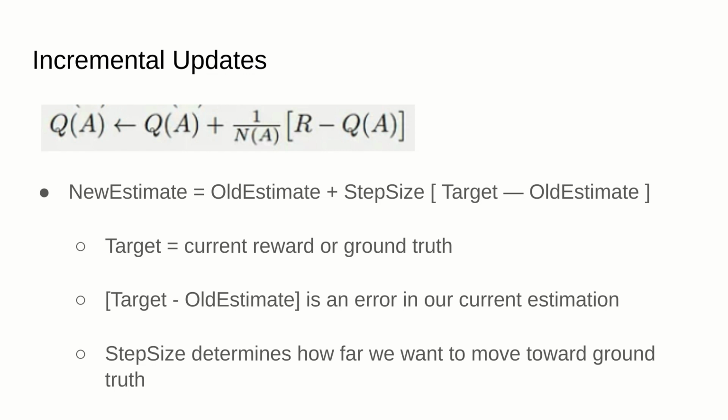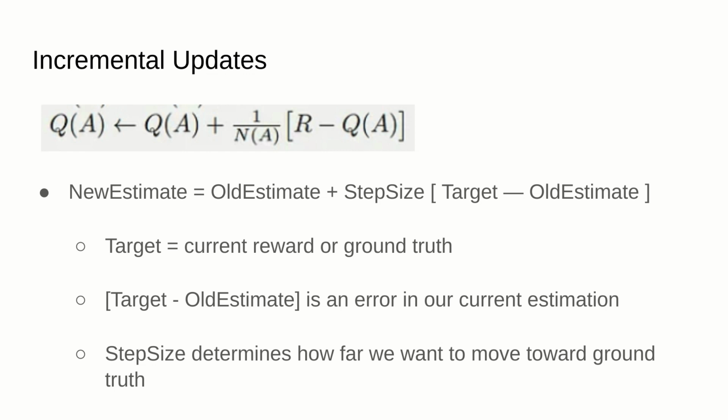When we take an action, we get a reward from the environment, and we can think of this reward as the ground truth for the value of that action, though it might be noisy, because in some environments, taking the same action at different times can give different rewards. But once we get our reward, we want to update our estimate in the direction of the reward.